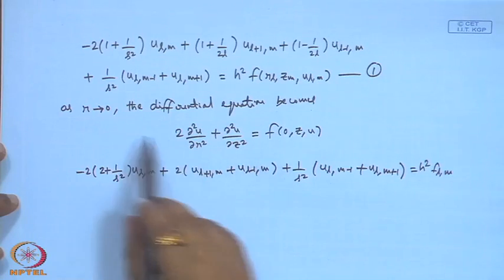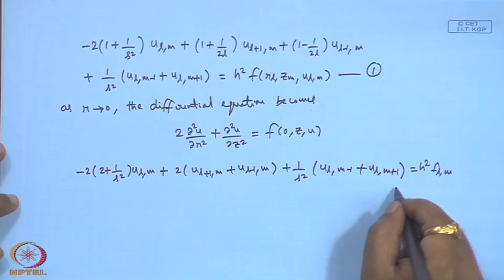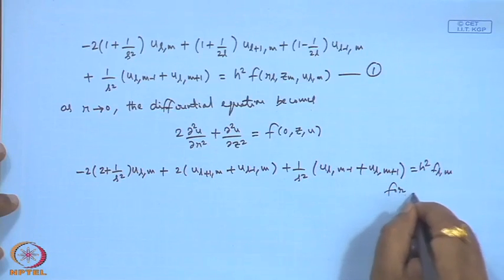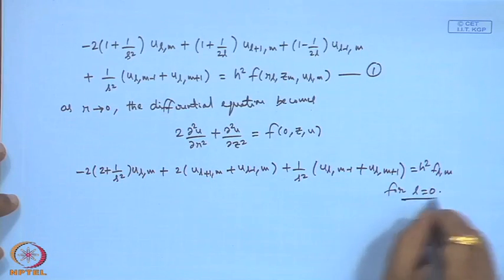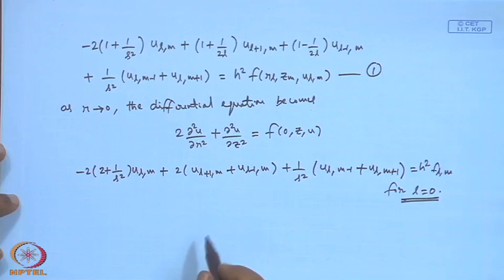However, this is as r goes to 0. So, therefore, this is for L equals to 0. So, this is important. Okay.